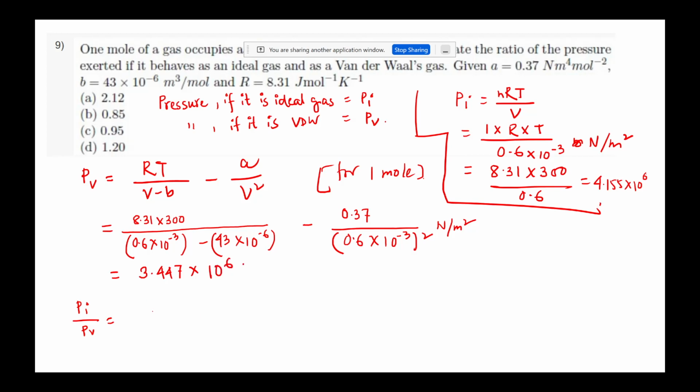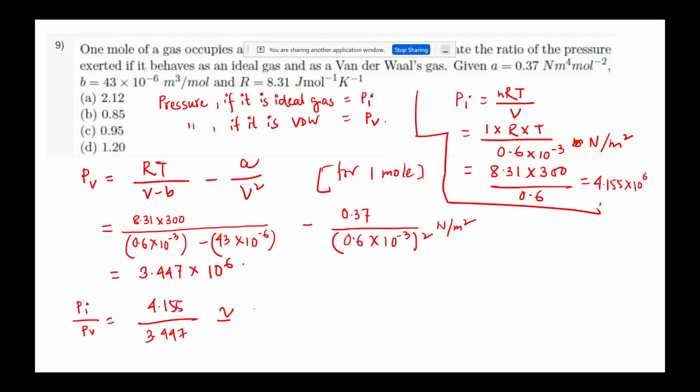Now if you take the ratio, this is 4.155, this is 3.447. I take 4.155 divided by 3.447, so option C is not correct for sure. This is coming out to be 1.205.